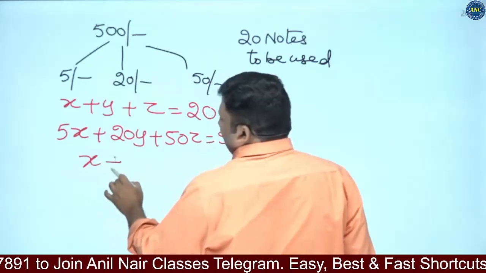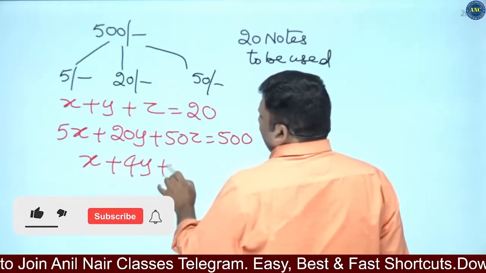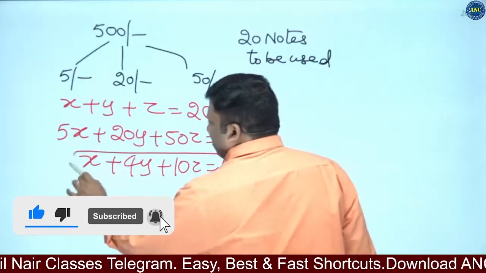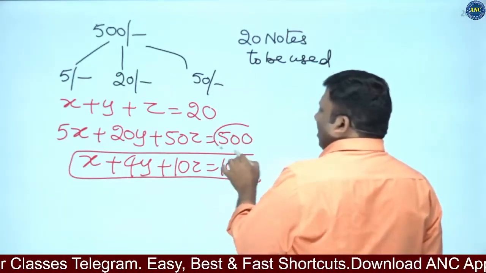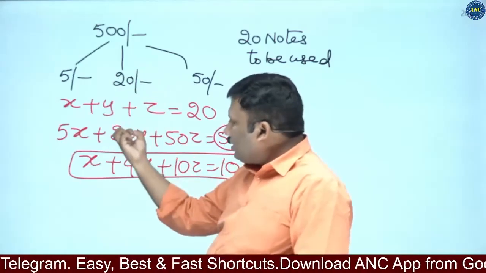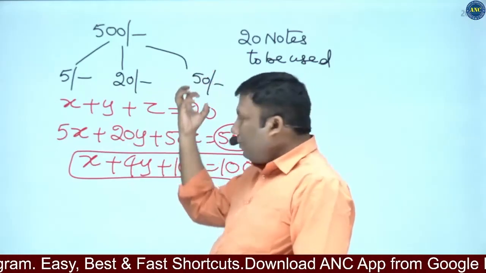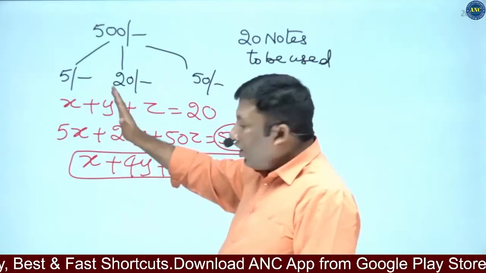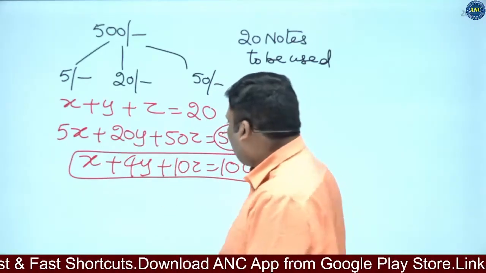So this becomes x plus 4y plus 10z equivalent to 100. Is this equation clear? Total money is 500, and the number of notes I am using is x plus y plus z.